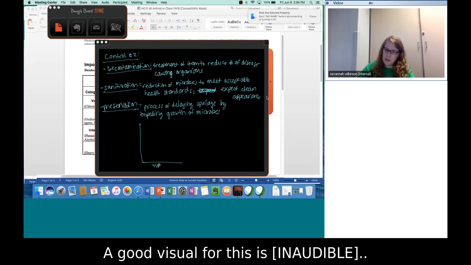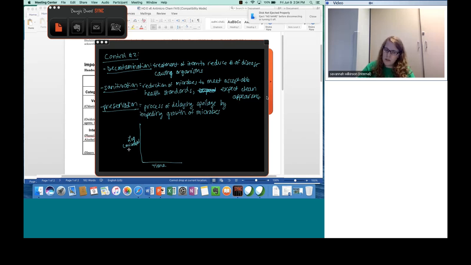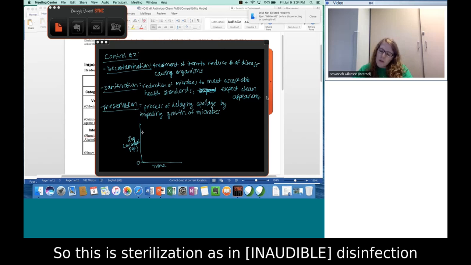A good visual for this is population. So this is sterilization, and then this trend kind of goes out.